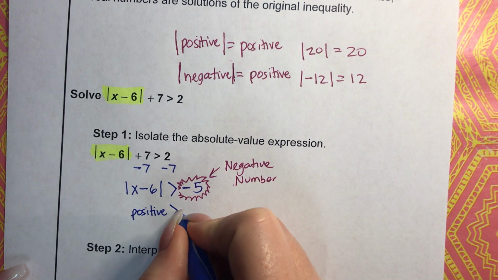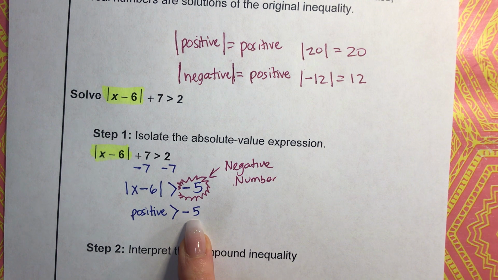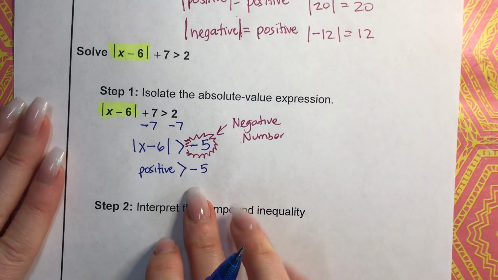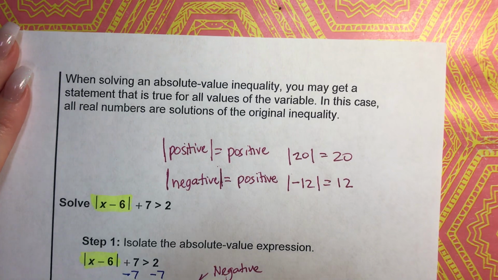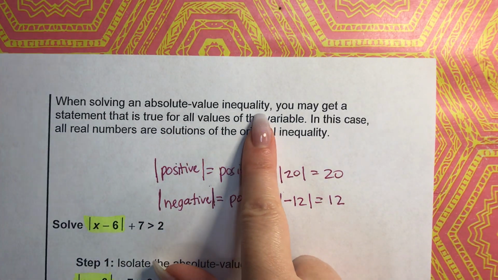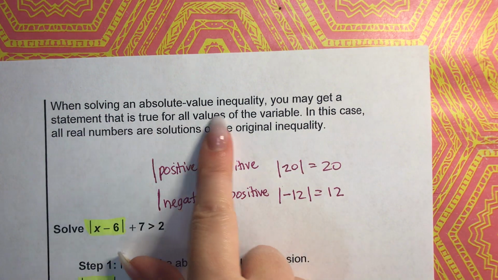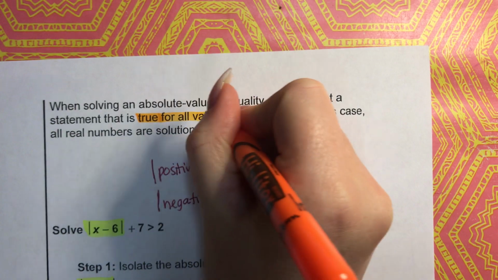And what do we know about a positive number? Is a positive number always going to be greater than negative 5? And the answer is yes, it will be. That means that our answer, like what was stated up before, is this. It says, when solving an absolute value inequality, you may get a statement that is true for all values of the variable.